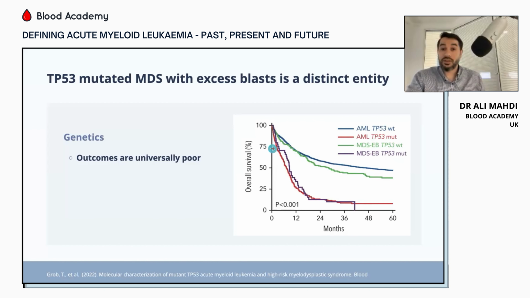So we can see in patients with a TP53 mutation in red with acute myeloid leukemia, so blast percentage of 20% or more, or excess blasts, so more than 10%, do equally as bad in terms of prognosis and survival, whilst those patients who do not have a TP53 mutation do significantly better.